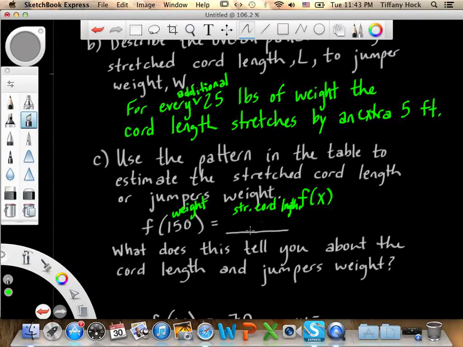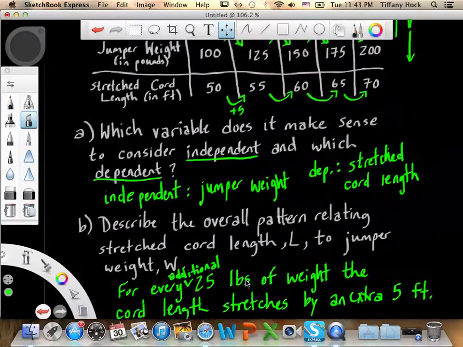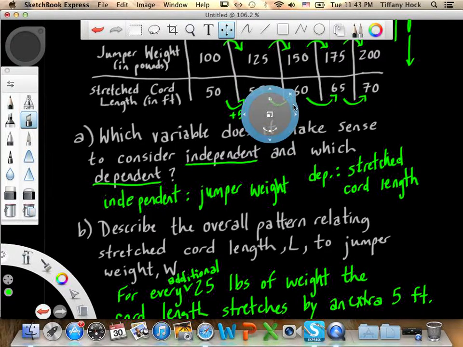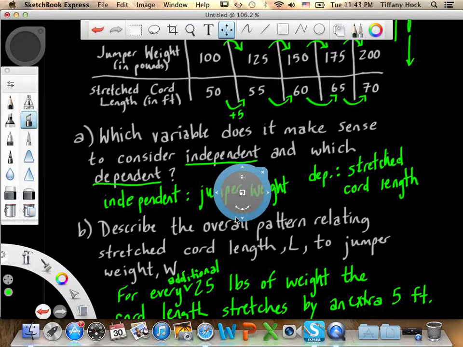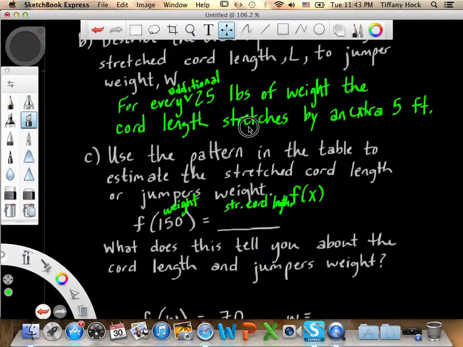Okay, so I'm going to scroll back up to the table real quick, and I want you to look at this table with me as we quickly identify that when we have a jumper's weight of 150 pounds, the cord stretched out to 60 feet. Okay, so we're just looking for the y variable, in this case the variable on the bottom, that goes with the variable on the top, which had a value of 150. Okay, so we'll scroll this back down and we're going to plug this in our answer.